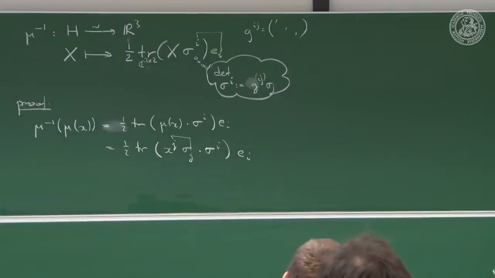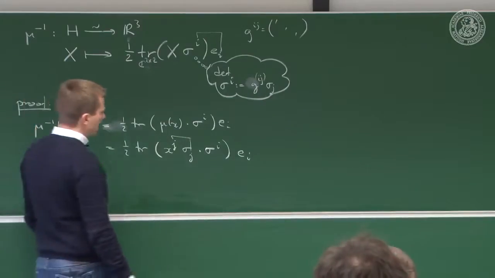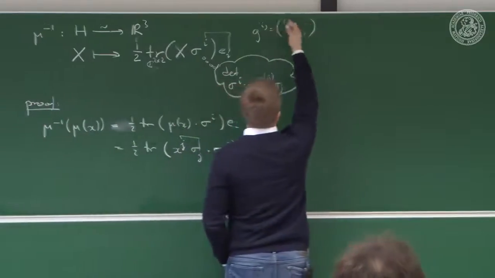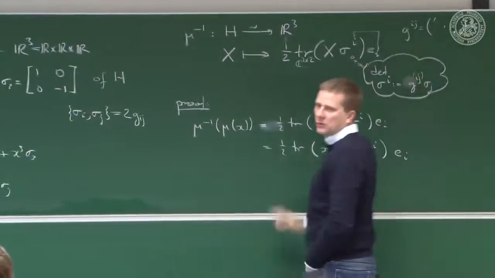Aha. So what's sigma j sigma I? Well, that's simple. We know, or we calculate quickly, that sigma I with sigma j down anti-commutator is twice gij, where gij is again this thing, indices down is the inverse, but it's again 1, 1, 1.